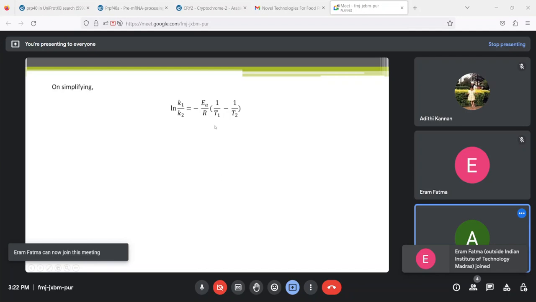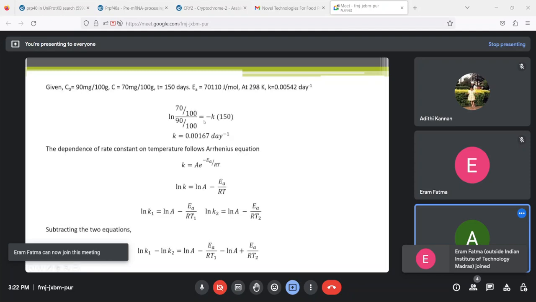So in this particular question, we already know T1 and K1. That is, at 298 Kelvin, the rate constant is already given. And at some other temperature, that is the storage temperature, we have just calculated K2, in this particular step.